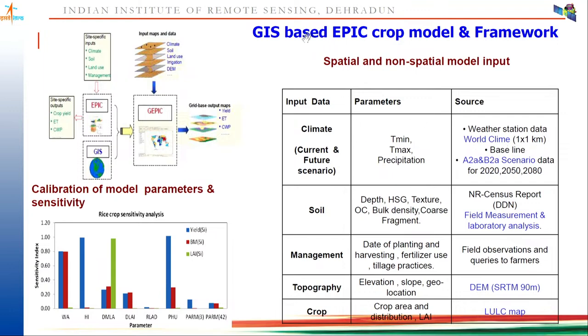First, this model is parameterized with different crop specific parameters using actual leaf area index observations and yield. Then those parameterized coefficients are used in the model for all 150 grids in the Dehradun Valley.